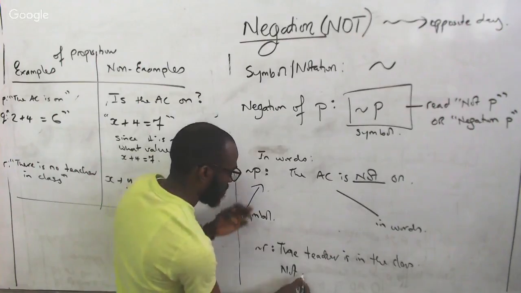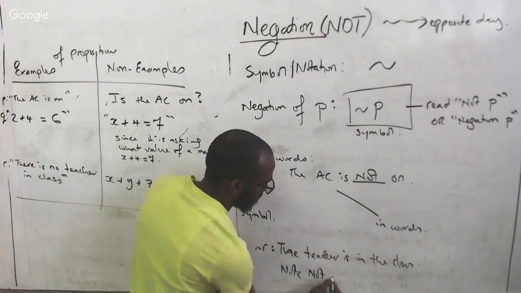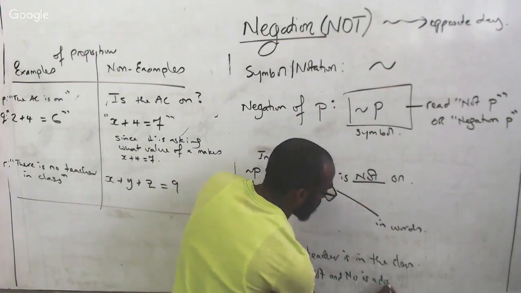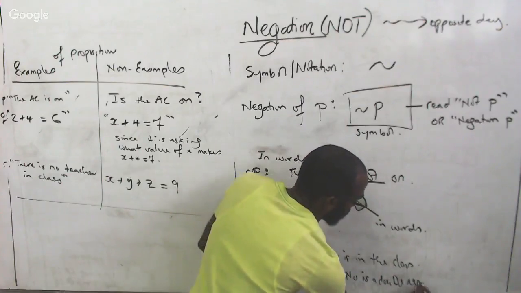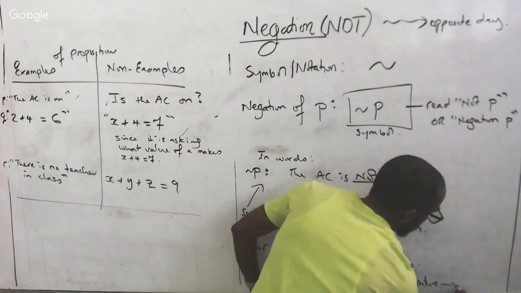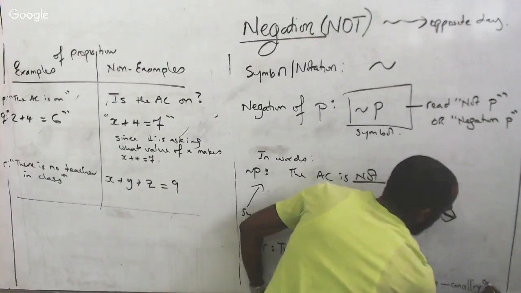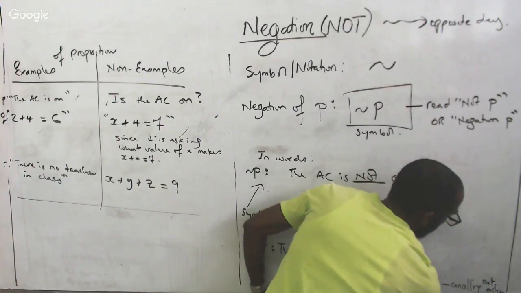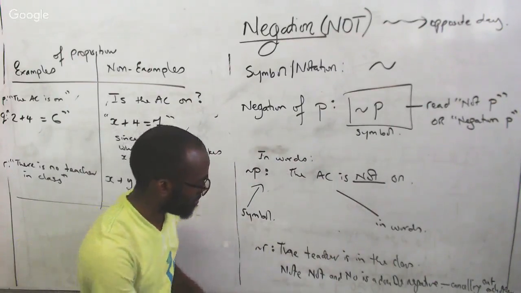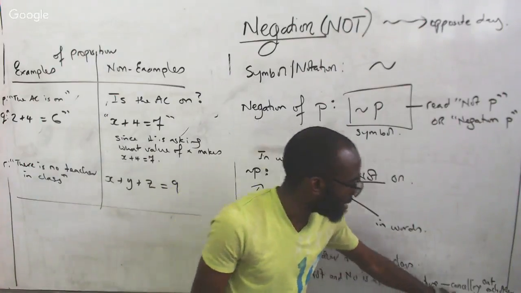Note. I don't have much space, but let me tell you what I wrote there. Note, not and no is a double negative, canceling out each other.